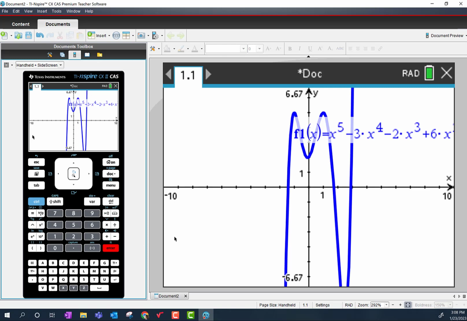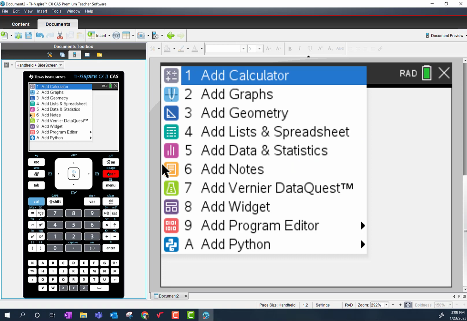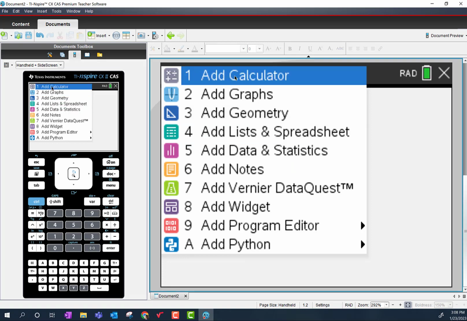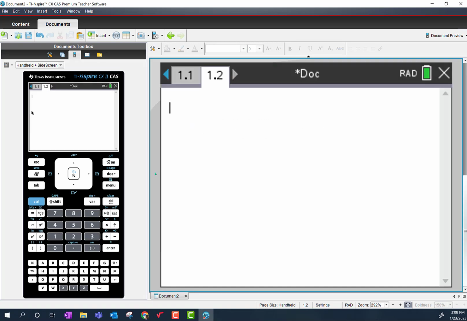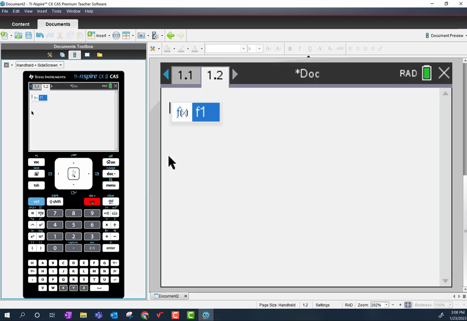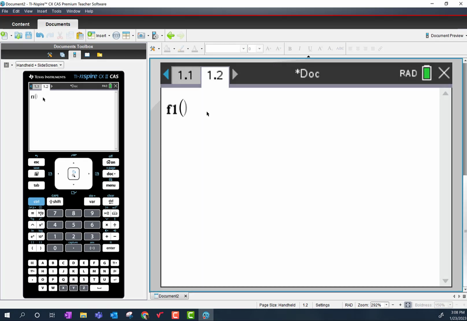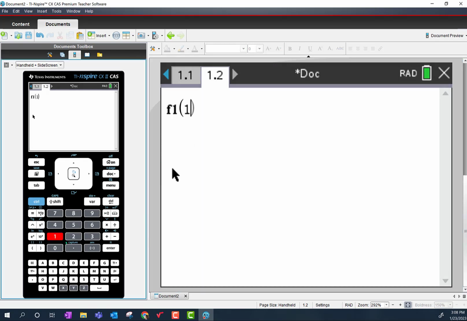So what do I want? I need function values. So I'm going to, and we've done this before, just another reminder, hit Control Doc to give me another page. And I'm going to hit calculator. Then I'm going to do var. I need f of 1, that's where it is, of 1.7. And enter.